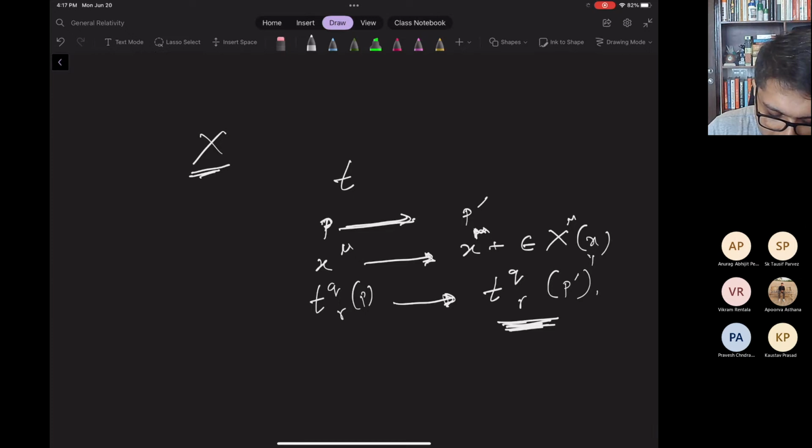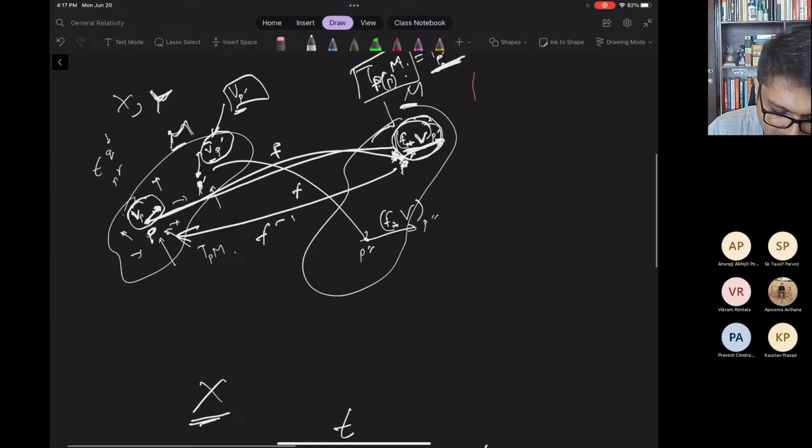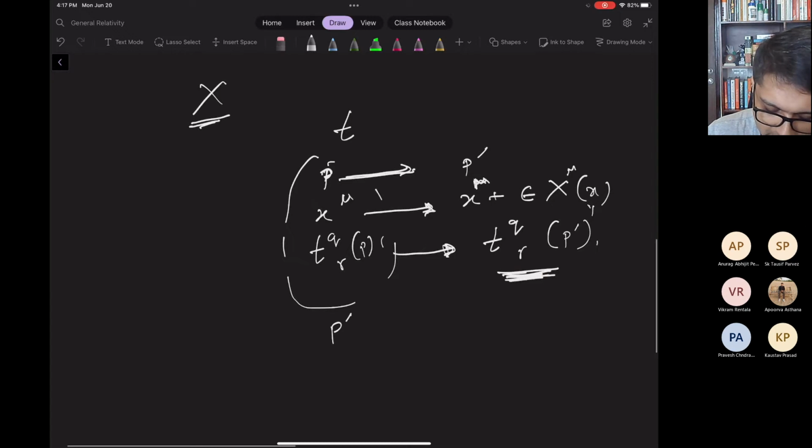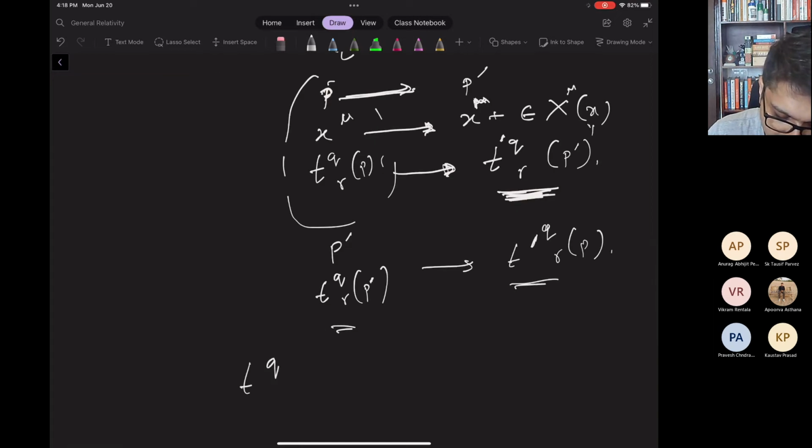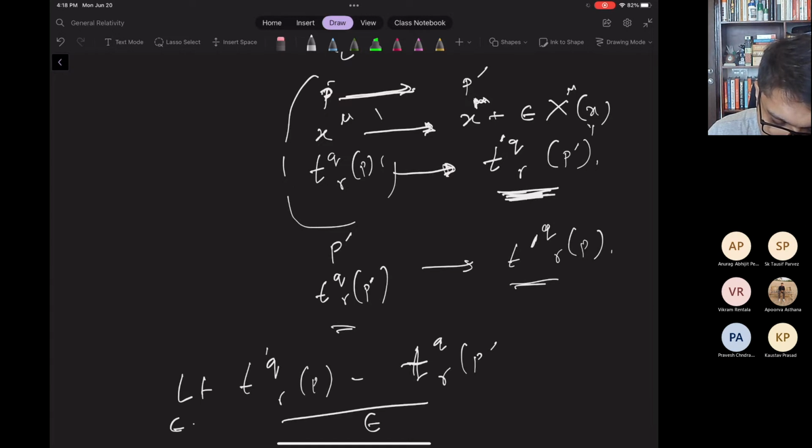If I look at my original manifold, the original copy, and the original point P prime, and the original tensor of type (Q,R) at the point P prime, and I compare it with the new tensor, I take the difference between these two, T prime (Q,R) at P prime minus T (Q,R) at P prime, divide by epsilon, and take the limit as epsilon tends to 0. Both of these are tensors at the point P prime, so you can compare them.